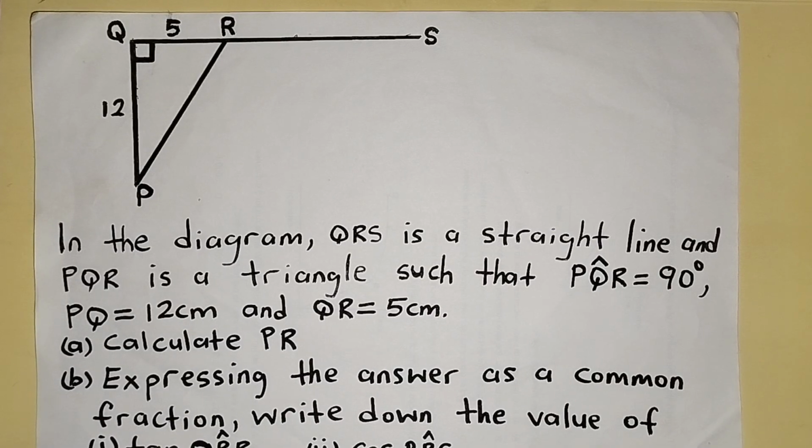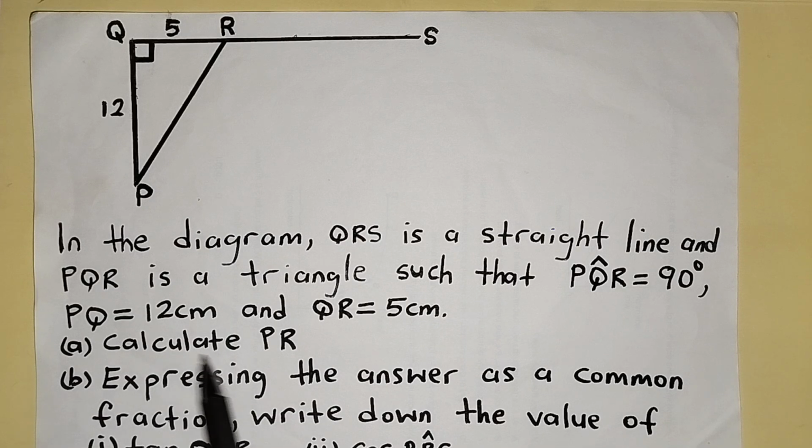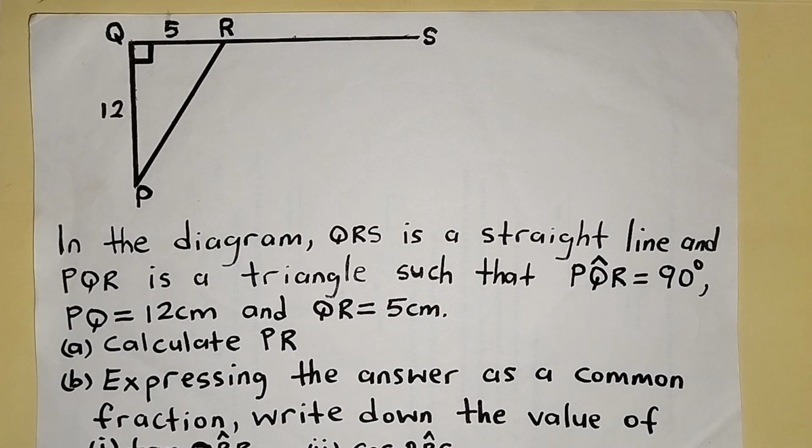The first part, part A, says calculate the length PR. Okay, you want to find the length PR here, which is in this case the hypotenuse, because PR is opposite this right angle. And we know the length of the other two sides. So we are going to apply Pythagoras Theorem.